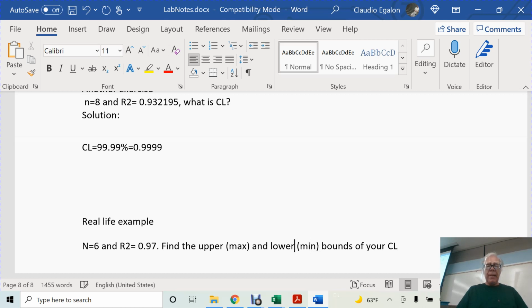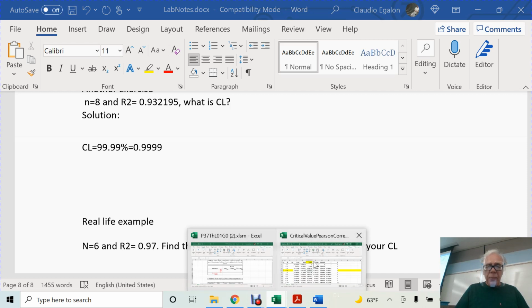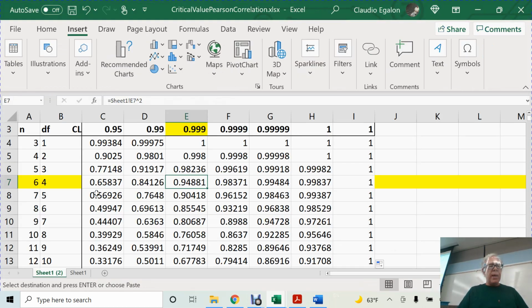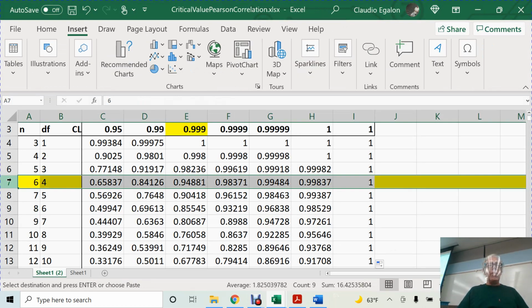That's what I wrote there in my spreadsheet. So let's do that together. I'm going to do this in the spreadsheet and then you do it on your own, okay? N equal to 6, right? Let's go, I'm going to highlight it here in my spreadsheet.